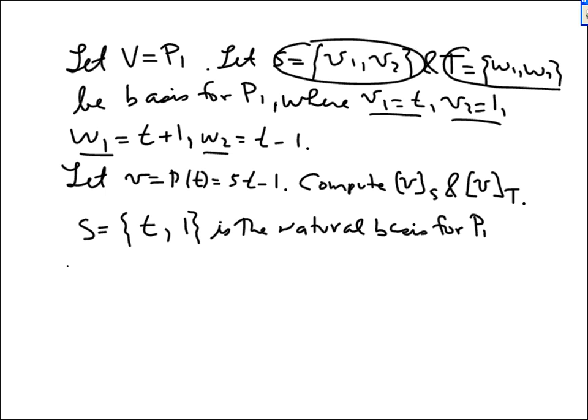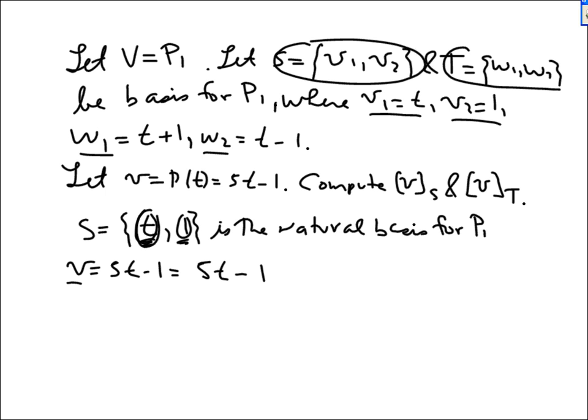Because vector V, which is 5t minus 1, well, it is 5 times t minus 1. That is, I wrote V as a linear combination of those.